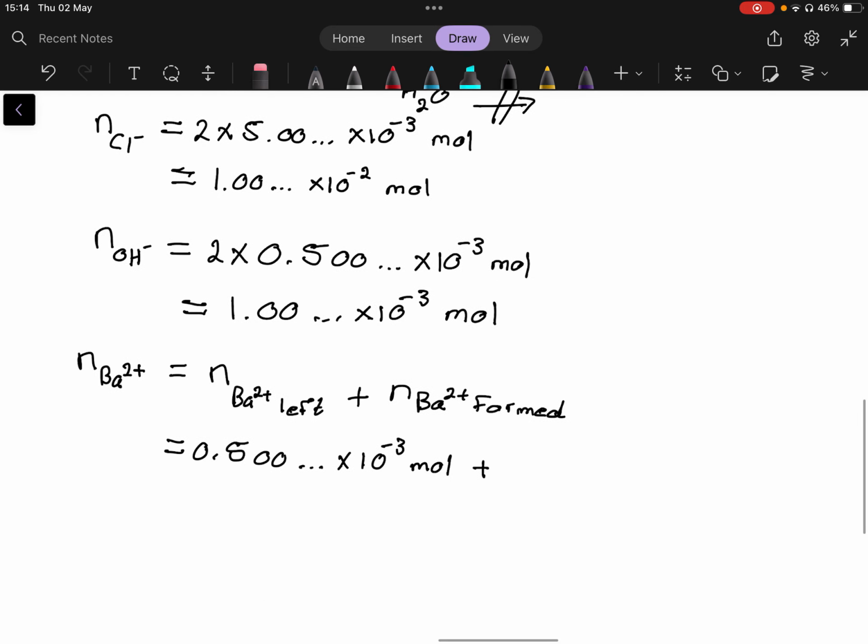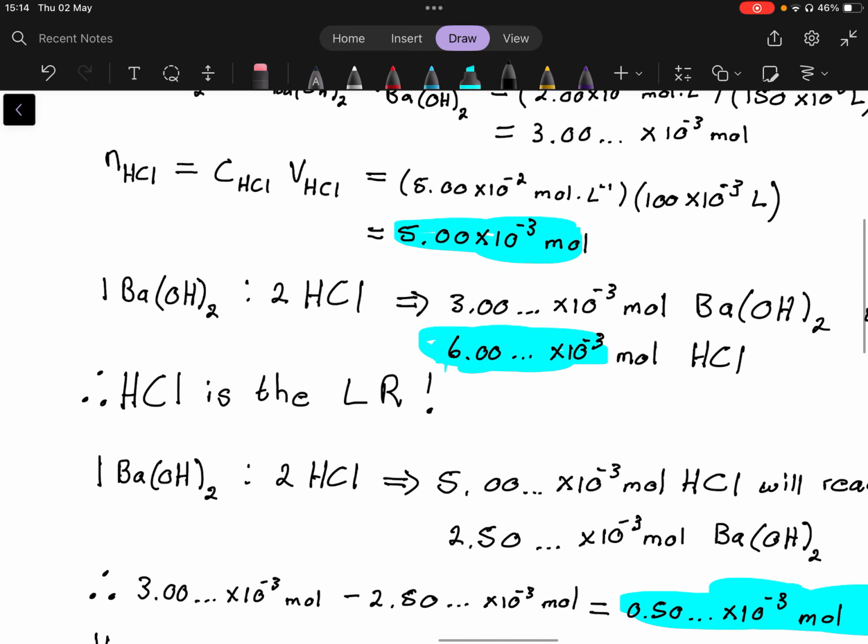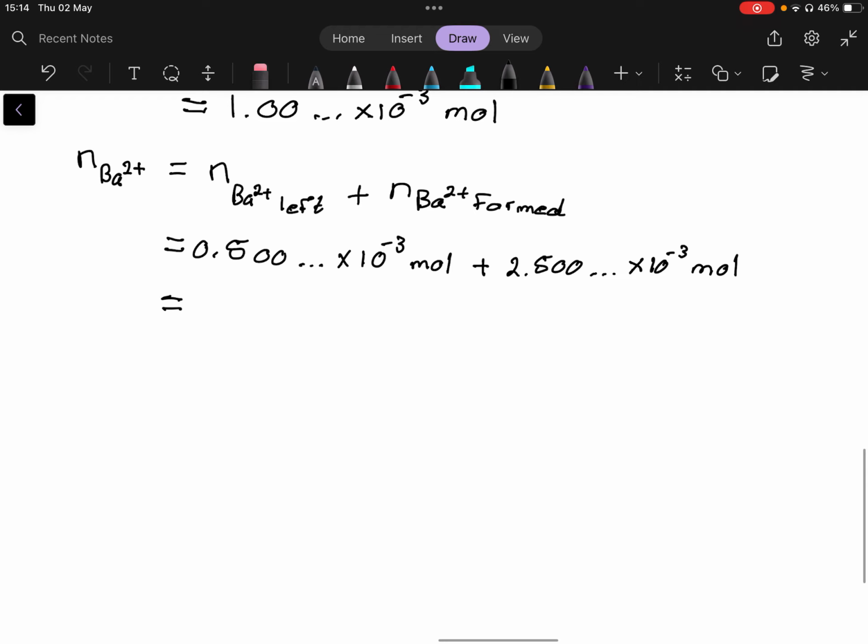So because HCl is our limiting reagent, it means barium is then 2.500 times 10 to the negative 3 mole. That comes from the HCl. And then, oh my goodness, we're left over with, that is what we started with. So there is 3.00 times 10 to the negative 3 mole barium 2 plus in solution.